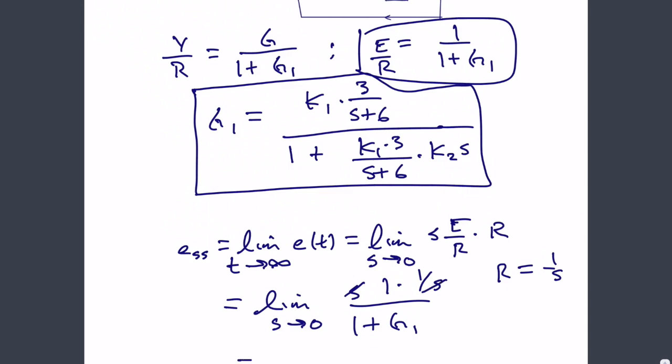Basically, I get my steady state error by evaluating this to be 1 over 1 plus G1 of 0.